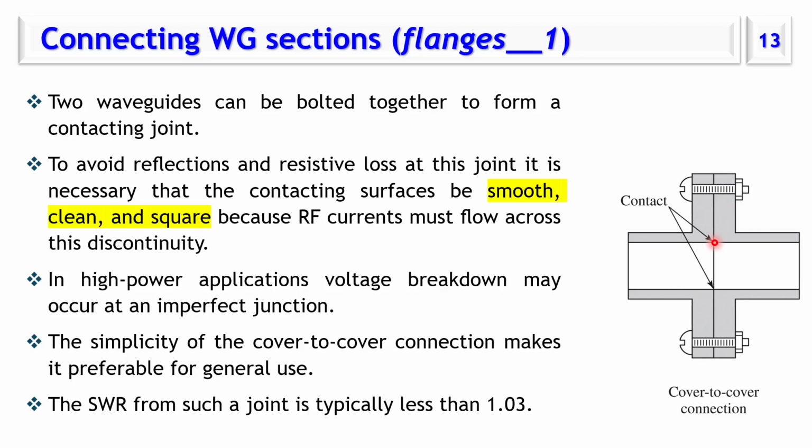So here, if we have a small separation or some voids in the interface between the two waveguide sections, we might have a very high electric field across a small distance, and this would cause a breakdown. The breakdown can cause a system failure, of course.